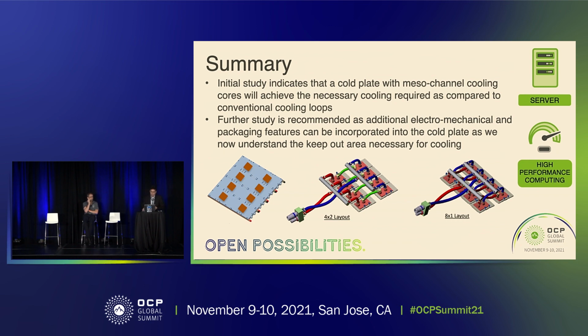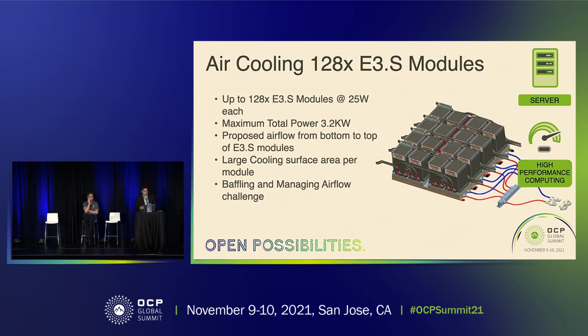A couple things we talked about, having all of this three-dimensional architecture. There is heat being generated by the top side of all of these other components. So one of the options that we could do, if we find that we're having an air temperature issue, is that because we have a liquid reservoir below, we could plumb a heat exchanger to actually cool the air that's blowing over those modules.